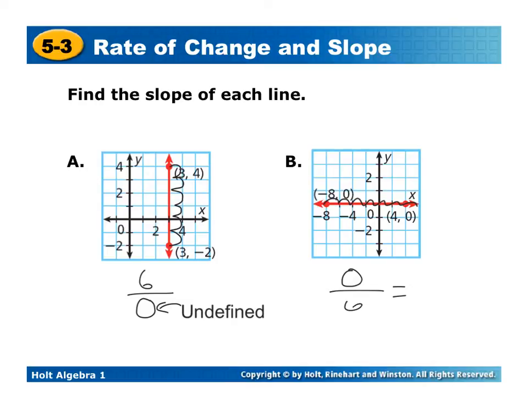So this one would be a 0 slope. So it is important to realize the difference. Now some people use the term no slope. I tend to be careful using that just because sometimes people confuse it between undefined and a slope of 0. But the biggest thing is to remember that 0 on the bottom, it's undefined.